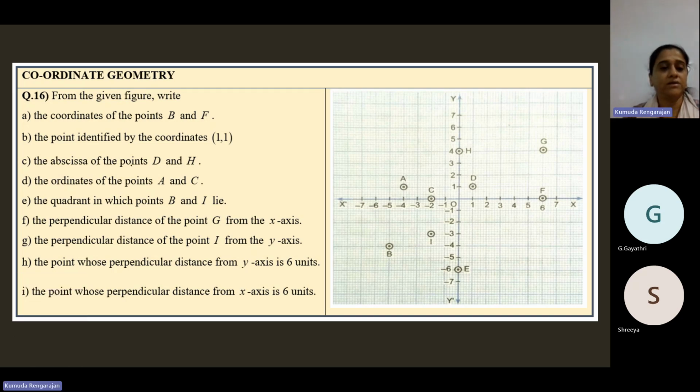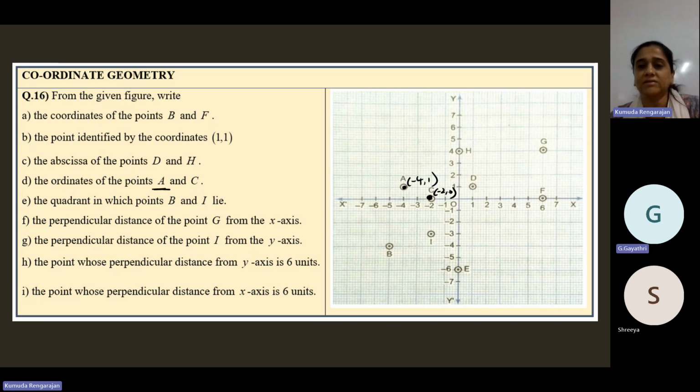All right. Then, the ordinates of the points A and C. Ordinate of A, 1. Because this is -4, 1. And ordinate of C, -2, 0.